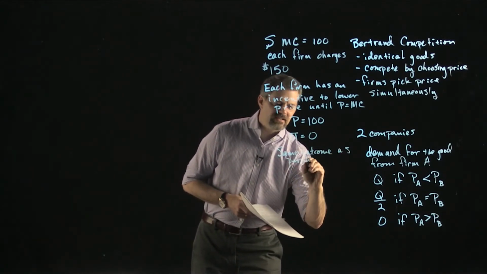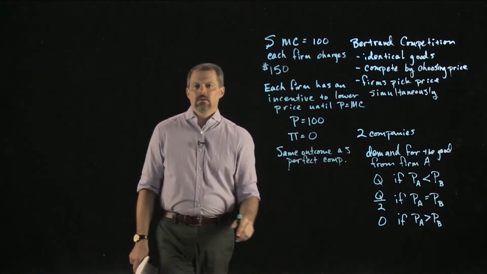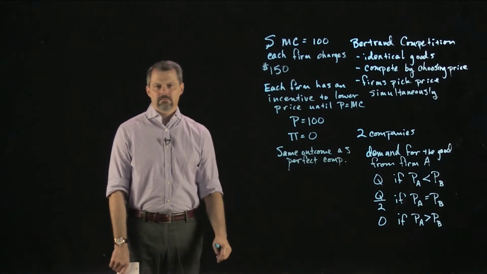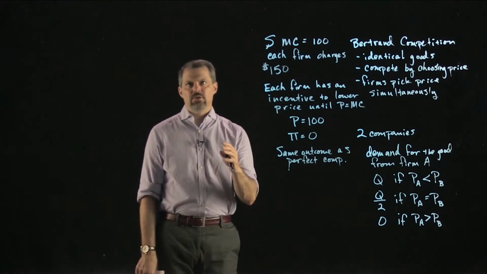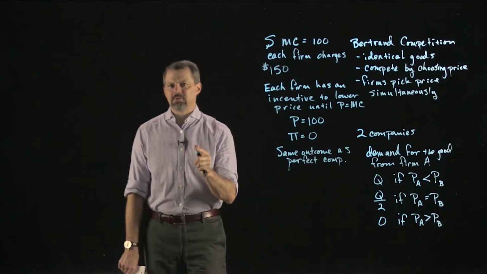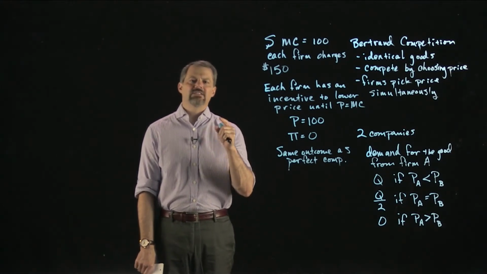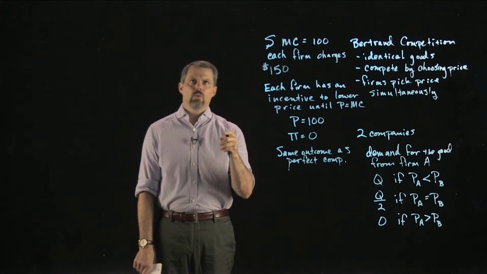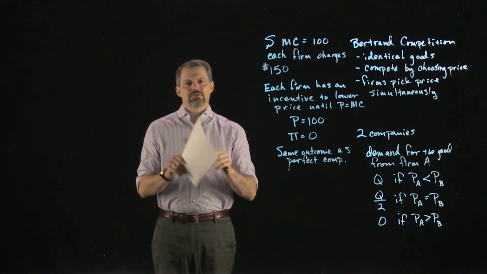Notice that we get the same outcome as perfect competition with just two firms in the market. It's tempting sometimes to think, at least in a principles class, that what you tend to observe is that profit gets driven to 0 when the number of firms is really big, when there's free entry.